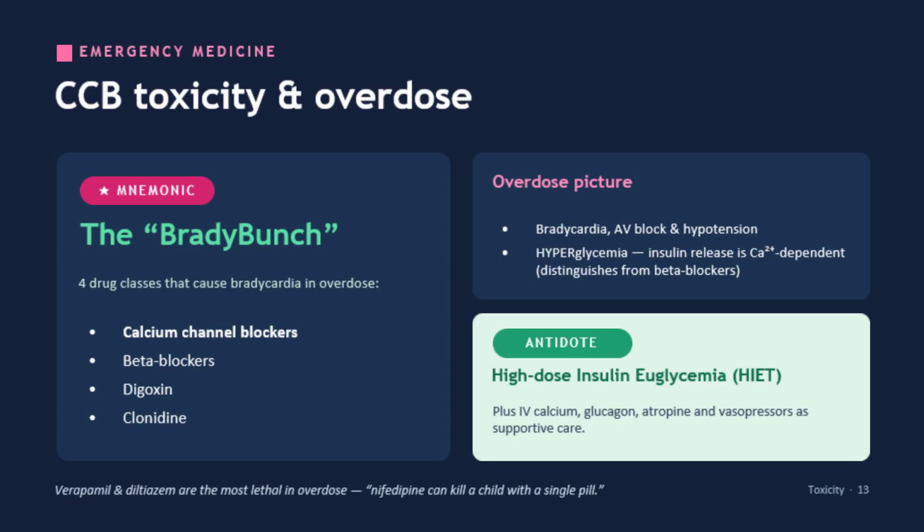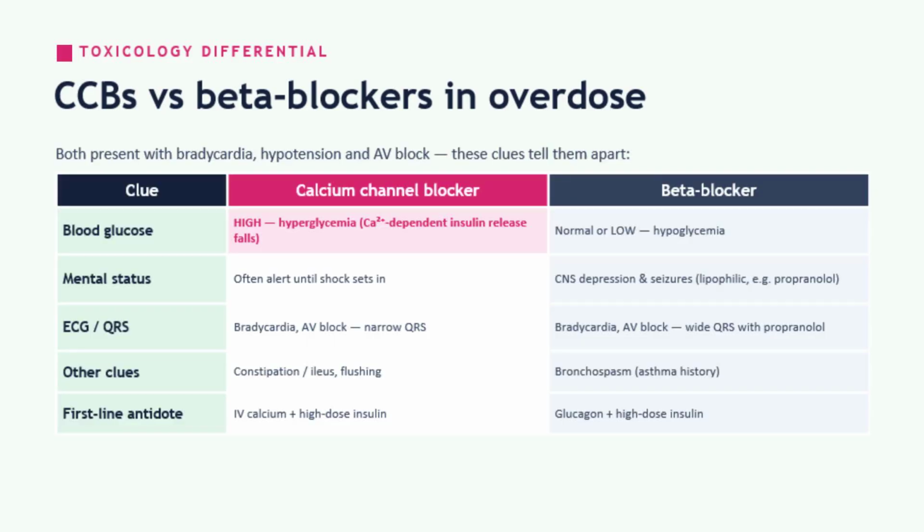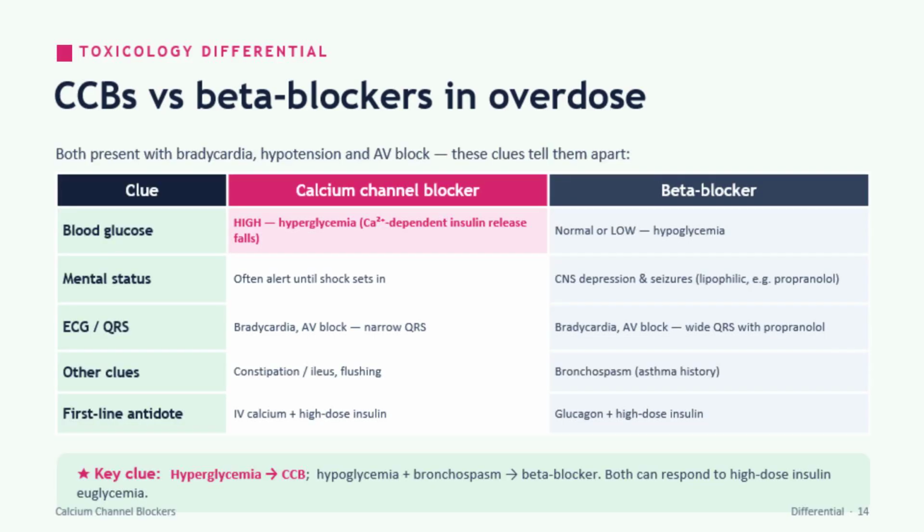Lock it in. This is the slide that separates the good students from the great ones, the overdose differential. Calcium channel blocker versus beta blocker overdose. They look like twins at first, true, both give bradycardia, hypotension and AV block. So how do you tell them apart? Here is your key. Calcium channel blockers cause high blood sugar, hyperglycemia, and the patient often stays awake and alert.